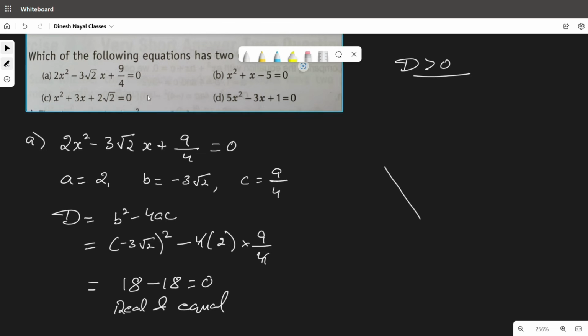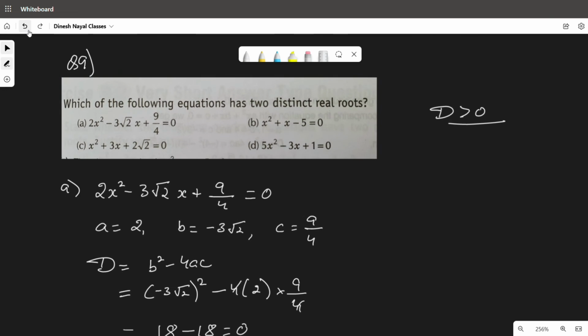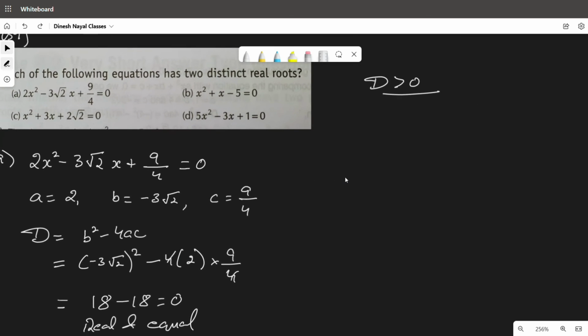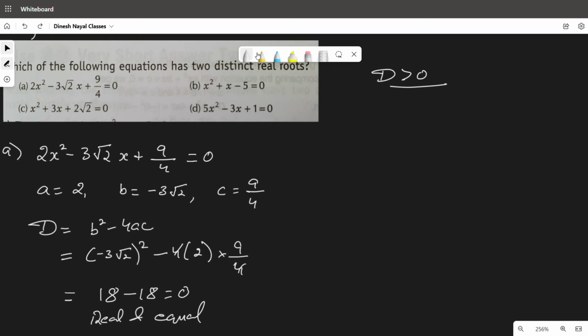Now checking for B. Now writing B over here, which is x square plus x minus 5, so x square plus x minus 5 equals 0.